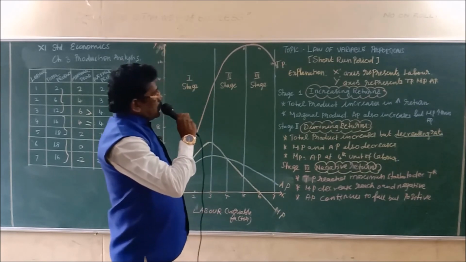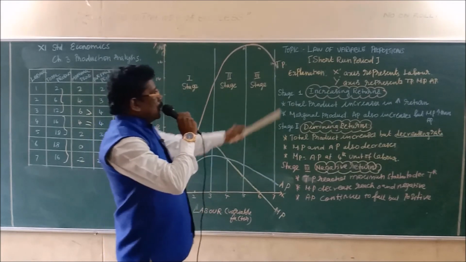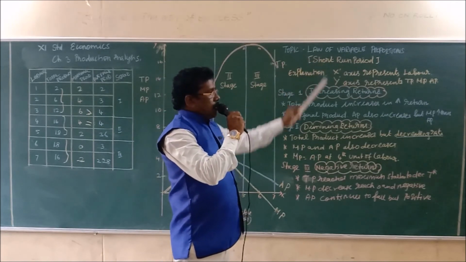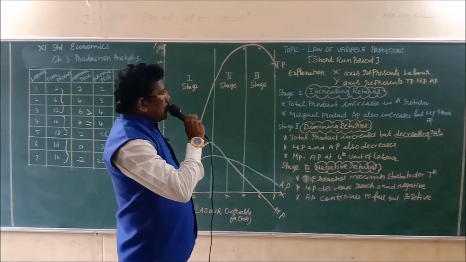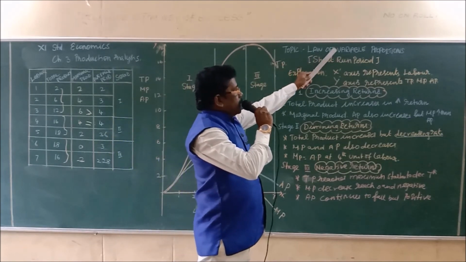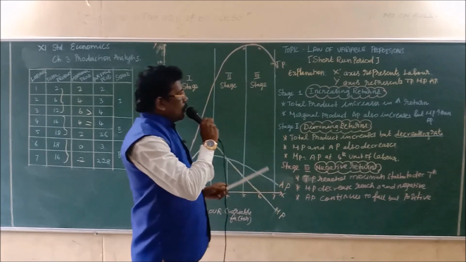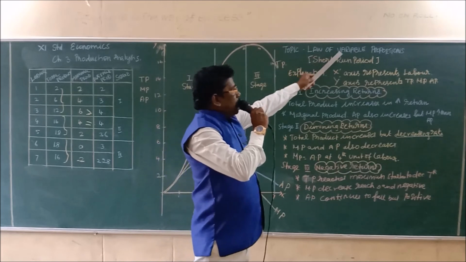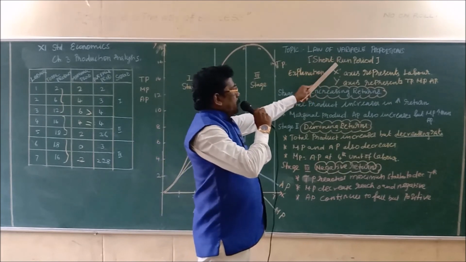In the next class we will see the longer run period, that is the production function. In the longer run period, the law of returns to scale. So see the difference between the two laws. This is the law of variable proportions, short run period.